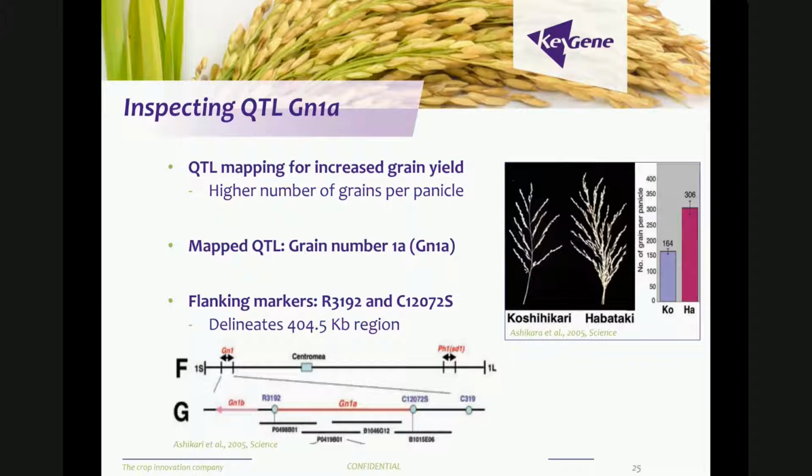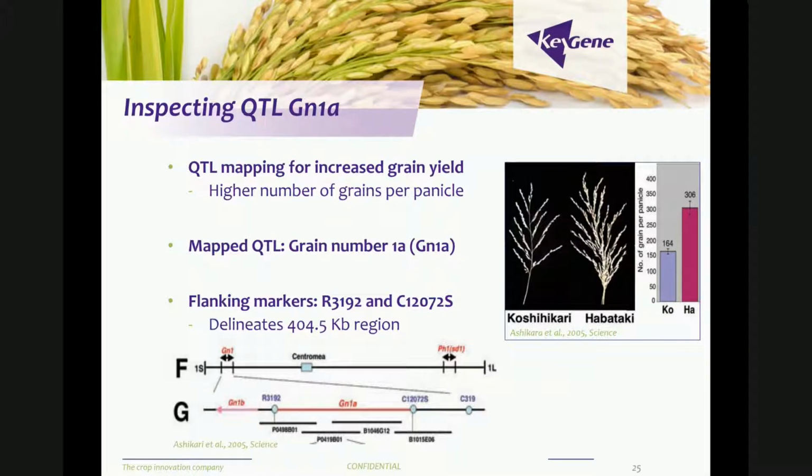So a major step we won't do in this demonstration. Usually, when you have a phenotype and you want to find the causal gene or function of that, you need to find genetic markers that are close to this region of interest.